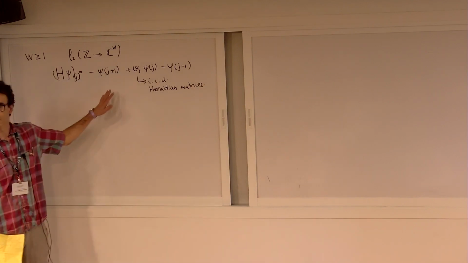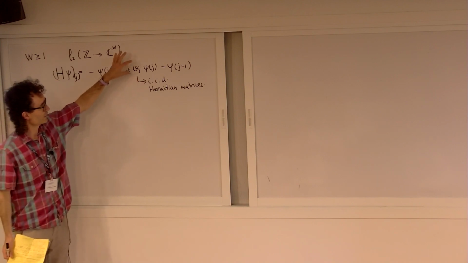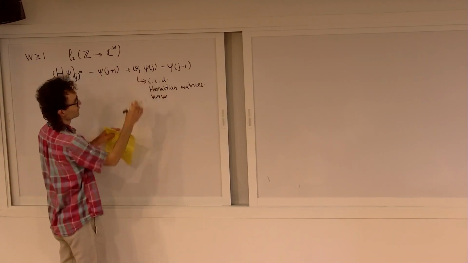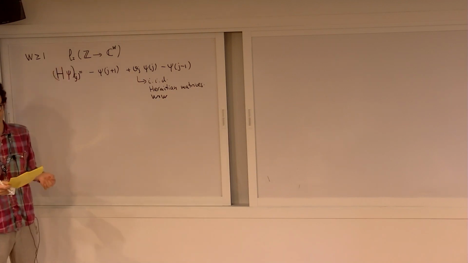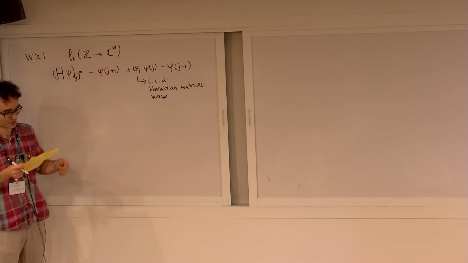Is the setting fine? For each j, I have a W by W matrix, and this is how the operator acts. When W equals 1, these are just numbers.